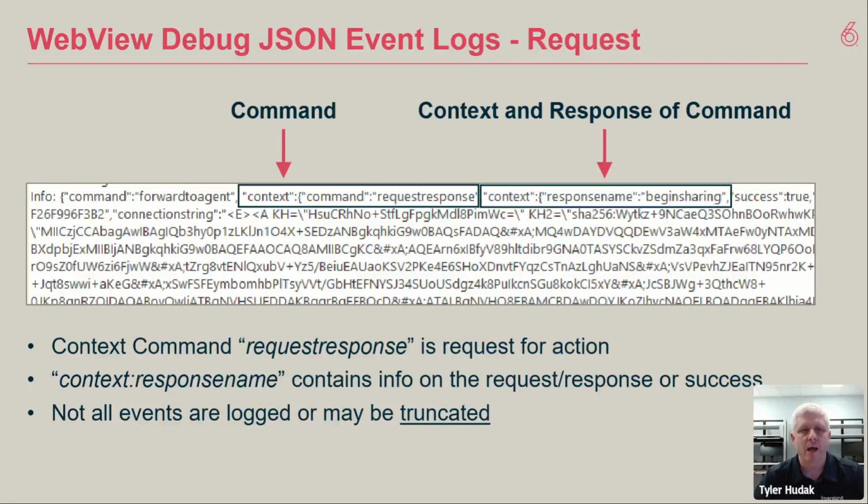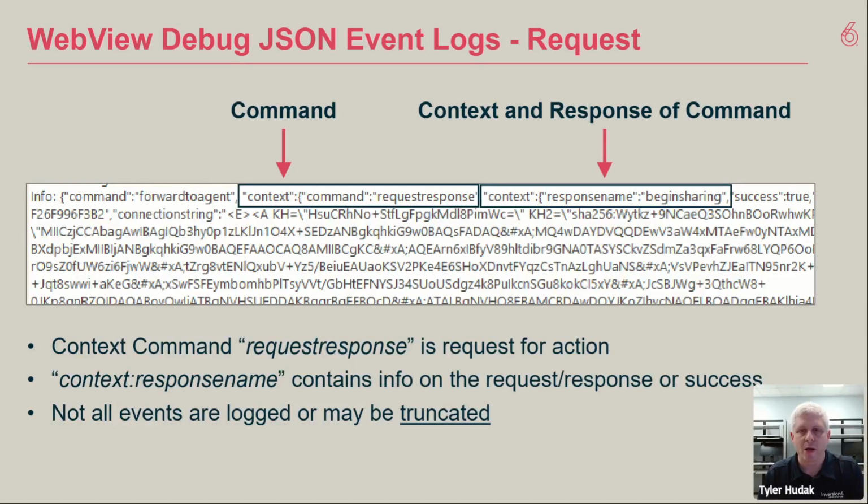So first, within that JSON blob, you've got this context command that you can see in that first box there. That command is going to be basically the command that's being run within Quick Assist, and I've got some examples here. Then you have the context field with the response of the command.